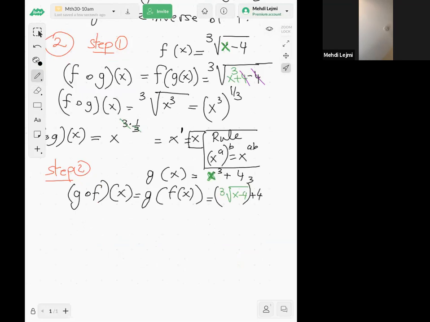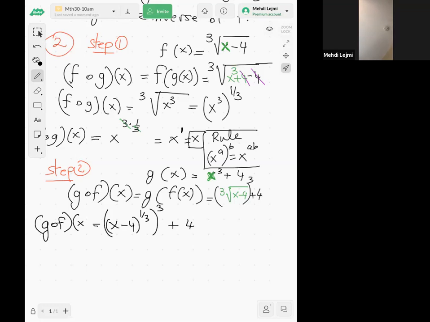Again, I can write this third root as the power 1/3, exponent 1/3. So this is g composed with f of x. It's x minus 4 to the power 1/3, that's my third root, and then I have a cube, and then there's plus 4.